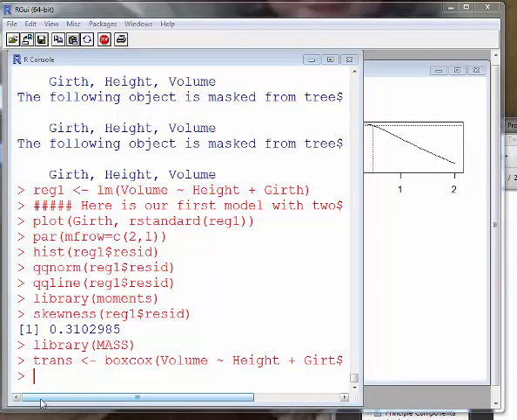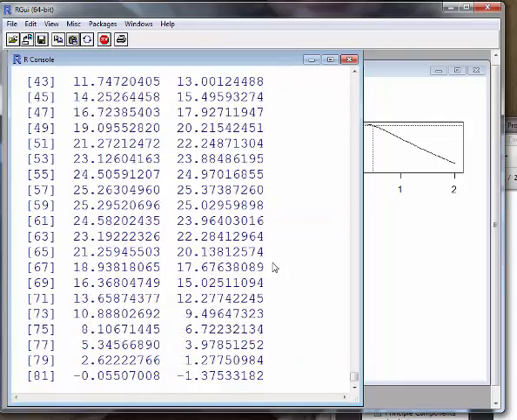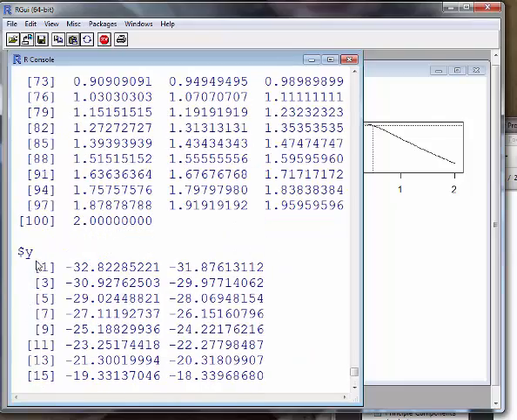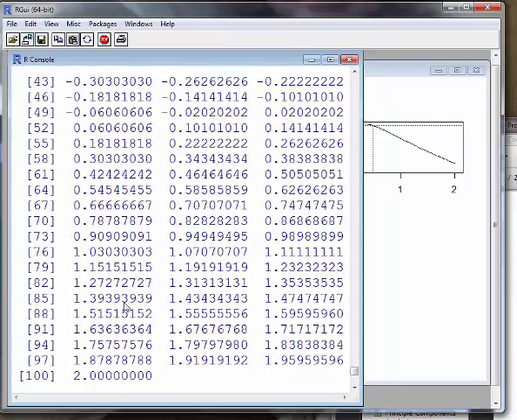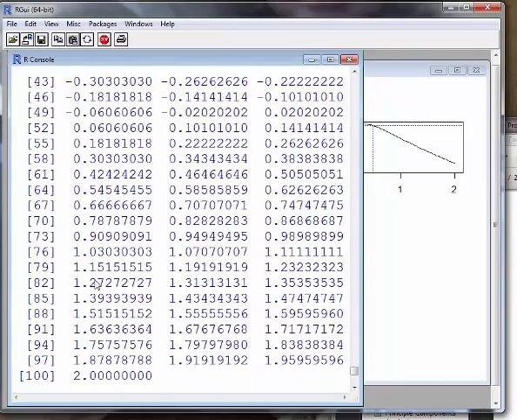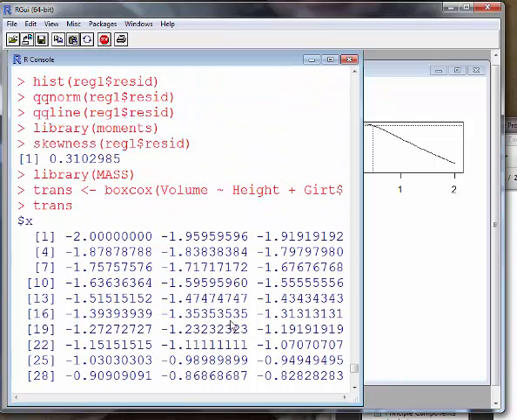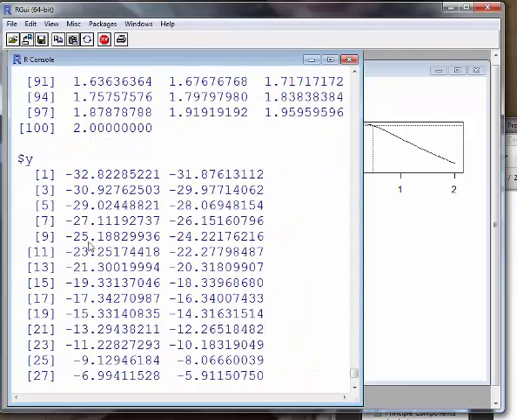You can see what's in there if you just type trans. It's a whole bunch of stuff. But look, there are some x values and y values: trans$x and trans$y. It turns out these x values are actually the lambdas, our potential lambda values. We want to pick the right lambda for the transformation. And these y values are actually the log likelihood values.